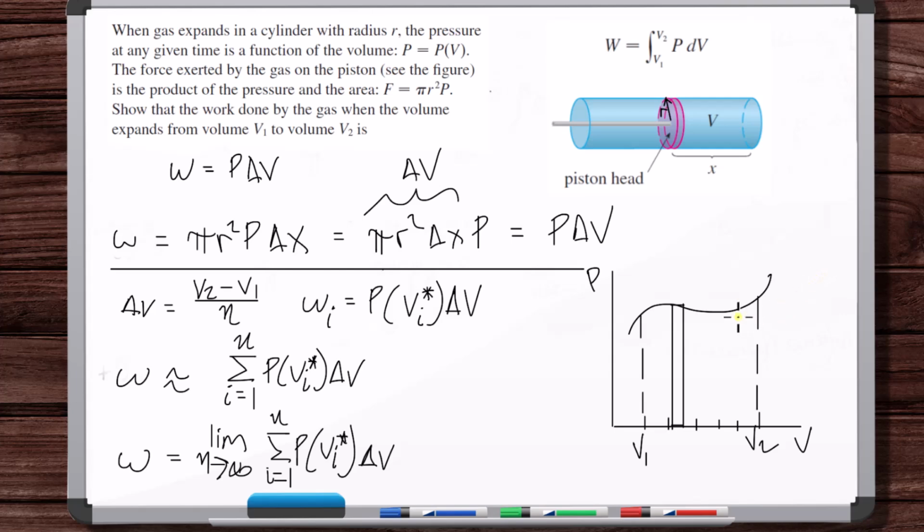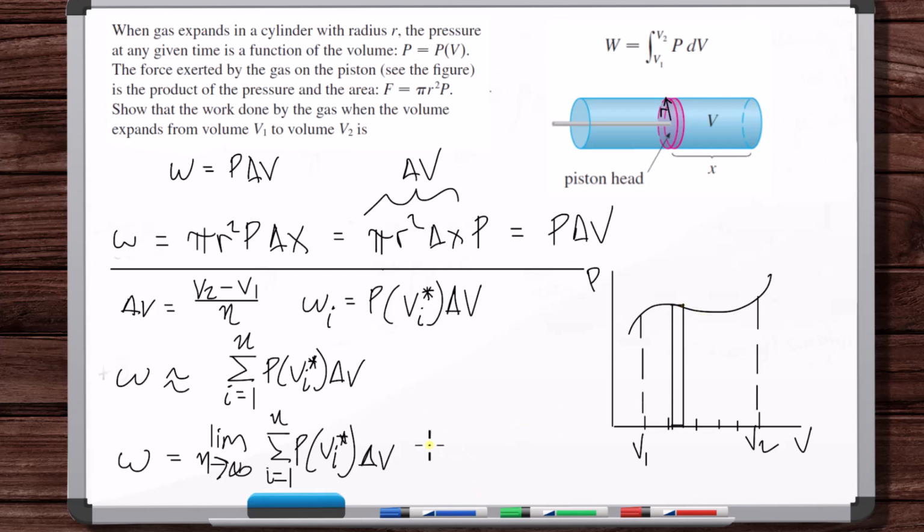It's curvy, but as n goes to infinity, it converges to the exact area. So really the exact work done in this process is the area under this curve. And we know that we can calculate the exact area under the curve. So that's how we know that with the assumption of a constant pressure, the error goes away.